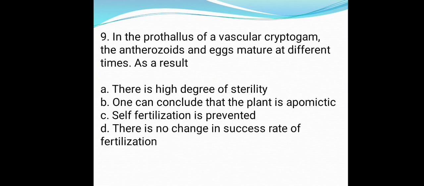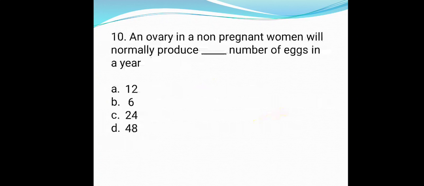Because of this process, self-fertilization is prevented. It has to undergo cross-fertilization. So the answer is C option, self-fertilization is prevented. Let us see the next question.